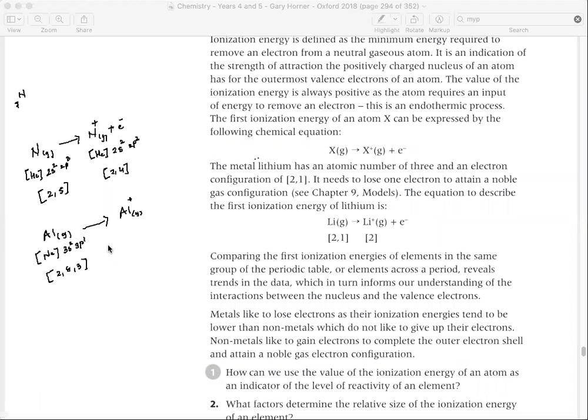Gaseous state over here, neon, then 3s2, or we can write 2, 8 and 2. We have removed one electron, so we will write electron over here. And whatever energy is required to remove this electron, that is called first ionization energy or first ionization enthalpy.